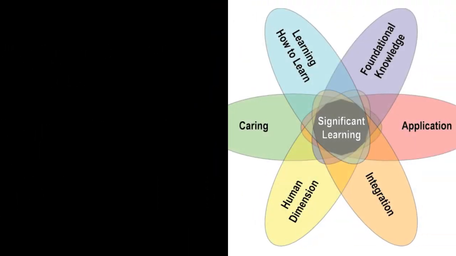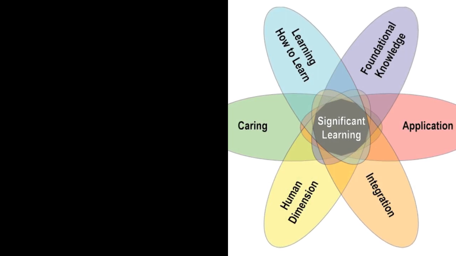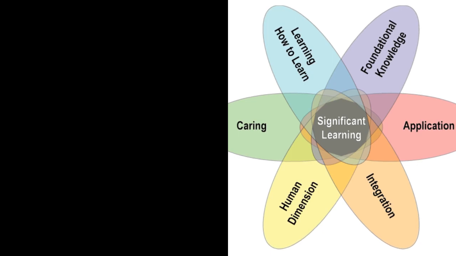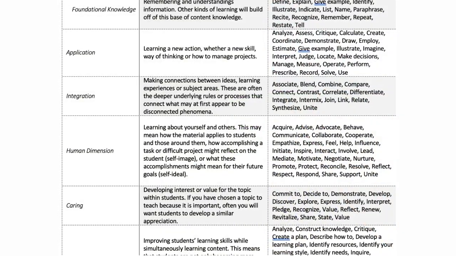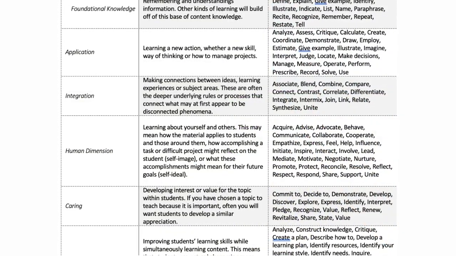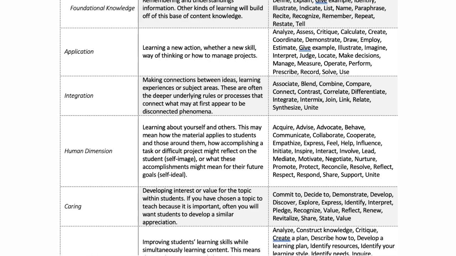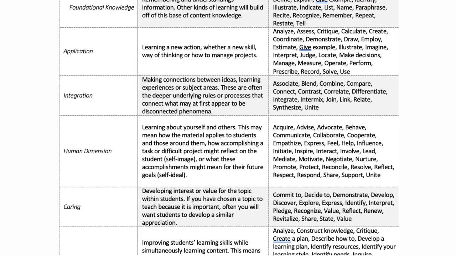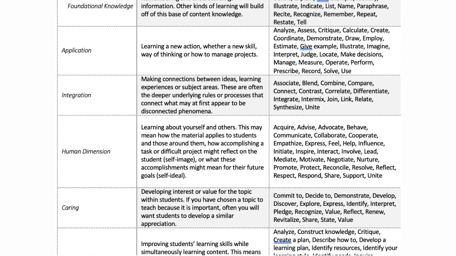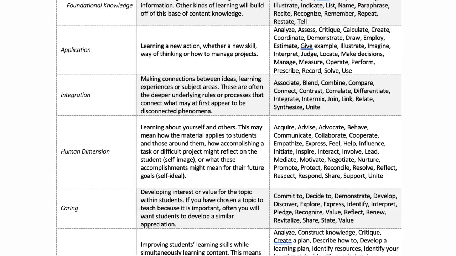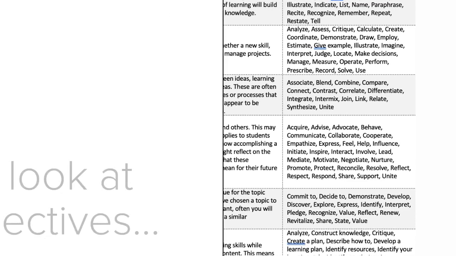When you're choosing the verbs for your learning objectives, you want to be cognizant of the type of learning you're trying to target, and you can match your verbs to Fink's taxonomy of significant learning. We've put together a cheat sheet for you in this week's Moodle site where you can find a list of the verbs for each of the elements of Fink's taxonomy for significant learning.